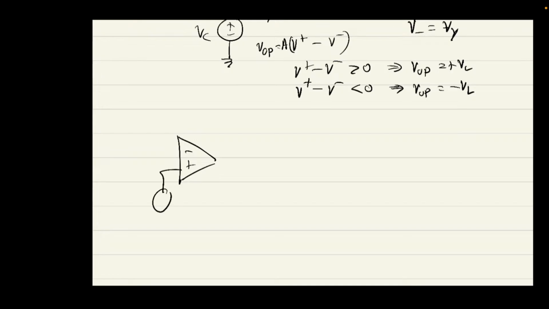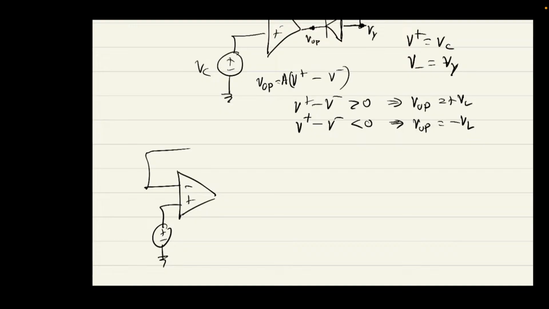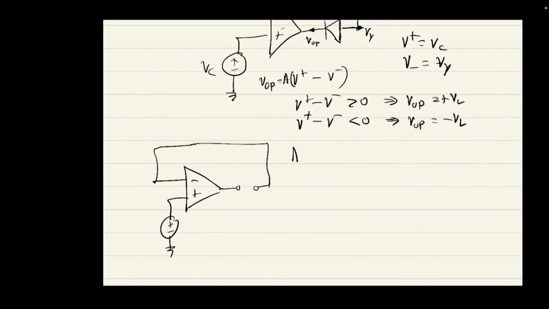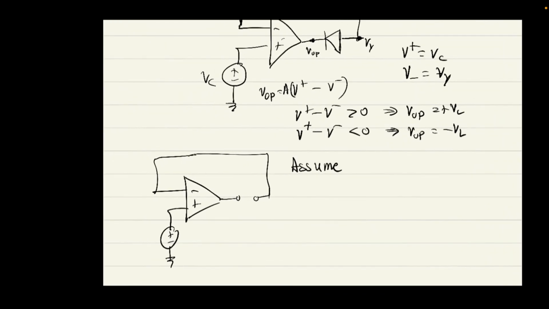You have minus, you have plus. So first, let's assume that this diode is open. What that means is we are assuming that V plus minus V minus is greater than 0, and that V op is positive VL.